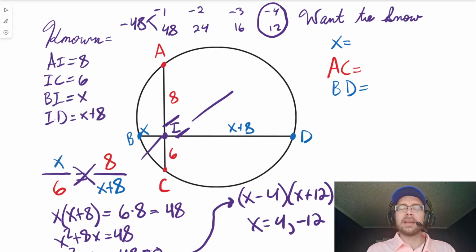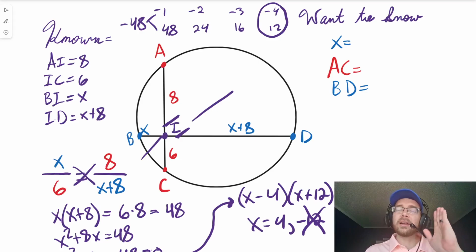You can't have a length of negative 12, because we're speaking about length here and not distance with direction. Just length can't be negative. There's no direction here. So x has to only be 4.